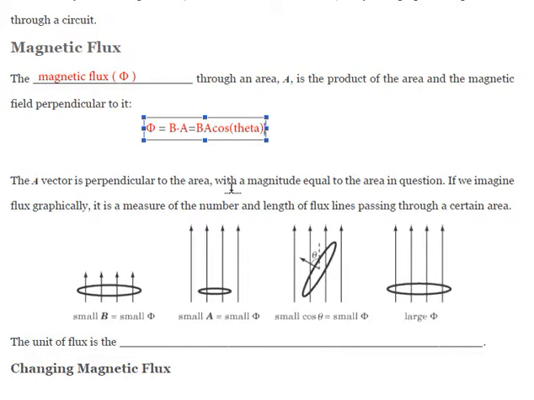So if we try to imagine flux graphically, it's kind of like the number and length of flux lines that you have passing through a certain area. So we start out with a small magnetic field and a small flux, so little tiny arrows going through that circular area.